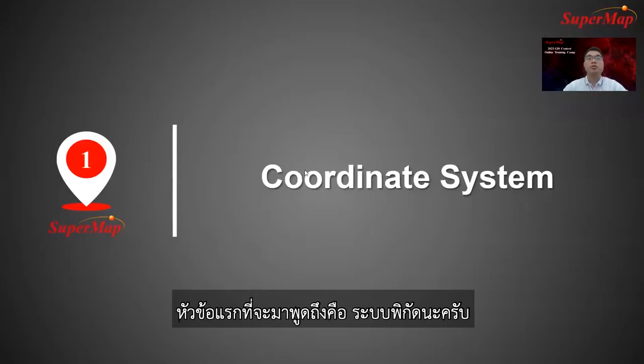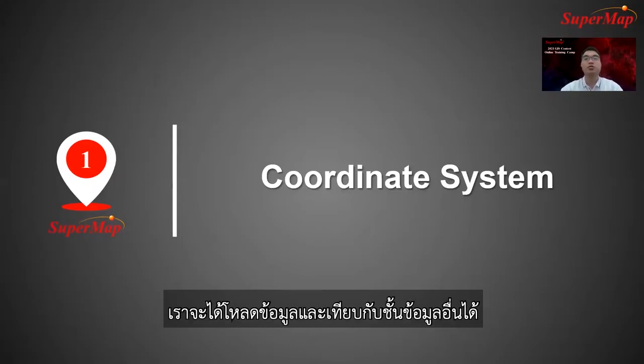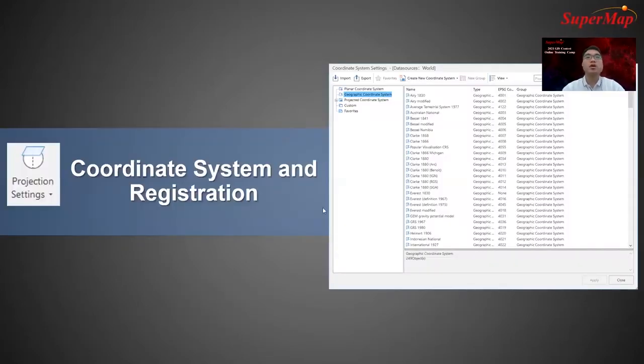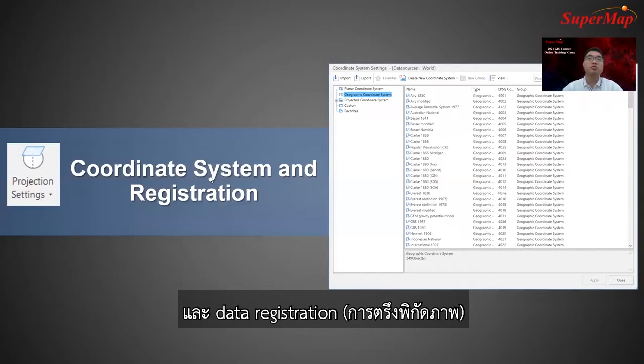The first point, I will talk about the coordinate system, because all the geospatial data should have the coordinate system. Then we can load them or overlay with other features or layers. So here I will show you how to set the coordinate system, and then how to do the data registration.